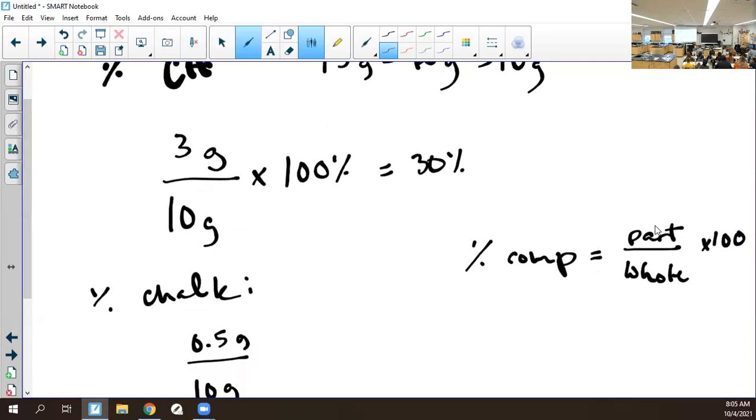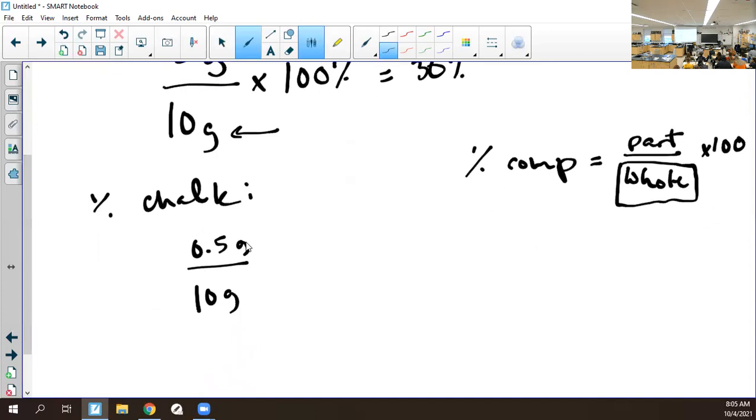So if we've got part for the citric acid, we're talking about how much citric acid did we measure at the end of this procedure. And then whole is our total mixture. The whole will always stay the same because we're starting with the same mixture each time.